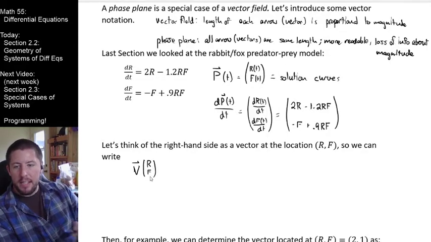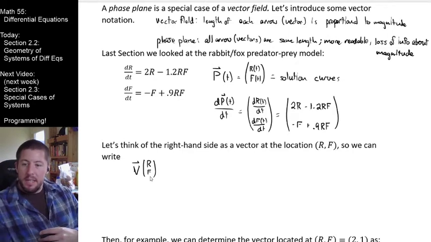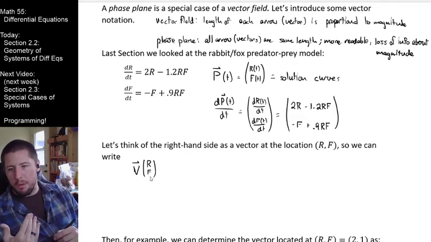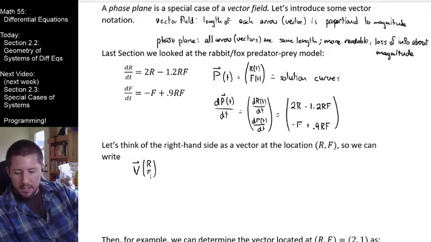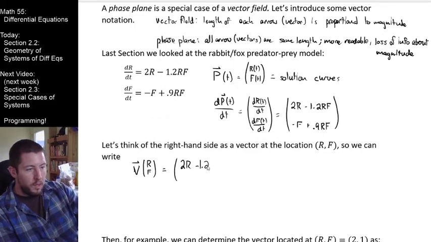This is like writing something like f of x, except the input into the vector field is a vector, not an ordered pair. Slightly different, right? The vector rf, it's a location there. And this is going to be our 2r minus 1.2rf, negative f plus 0.9rf.